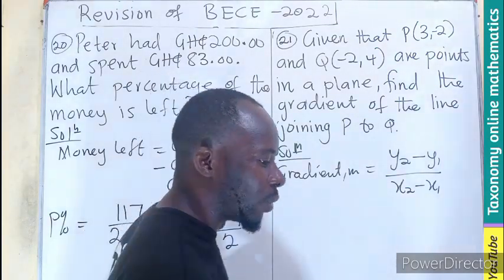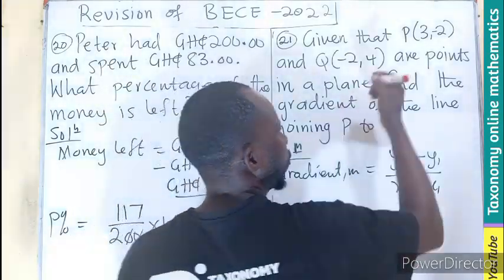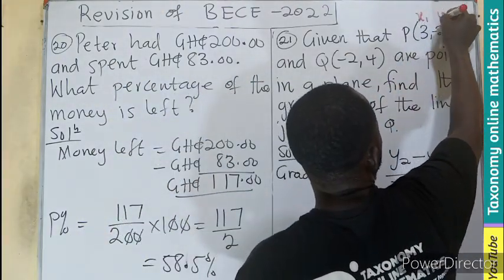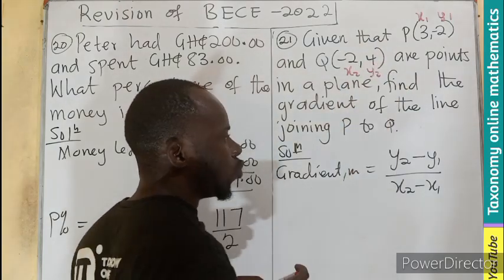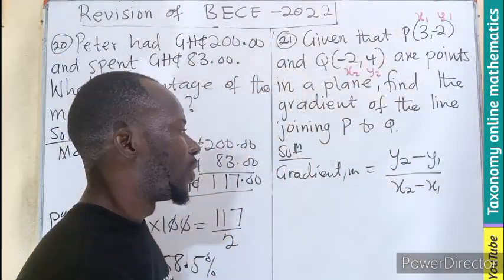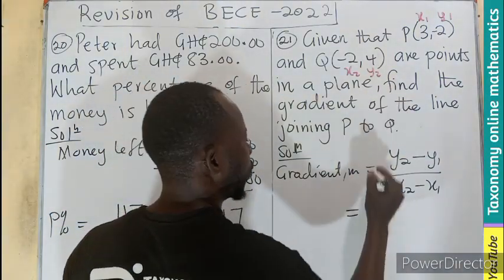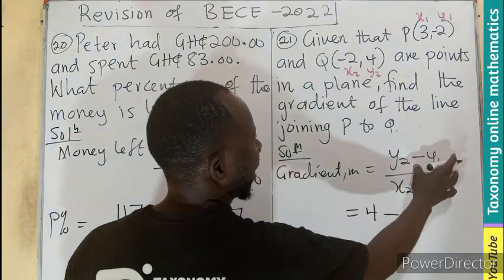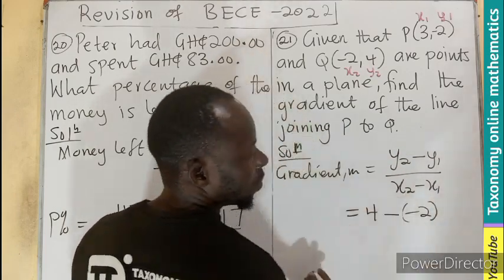So how do we get those values? You can see that this is the first point, P, then Q. So this is our x1, y1, x2, y2. So we are beginning from P all the way to Q. So our gradient will be nothing but y2, which will be 4, minus y1, which will be minus 2.